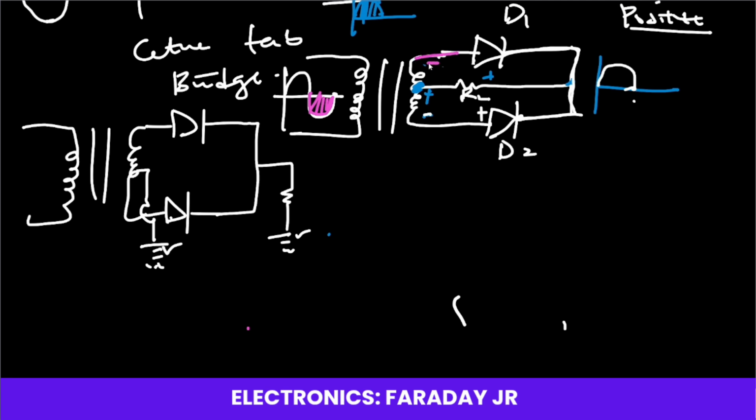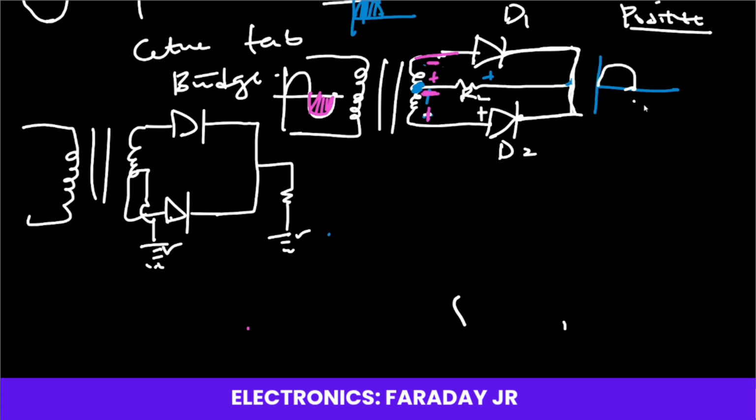So here we get our negative source here and positive here, the negative half cycle. So the negative passing through D1 reverse biases D1, meaning that conduction will not take place at D1, and then the positive passing through D2 will make D2 conduct.